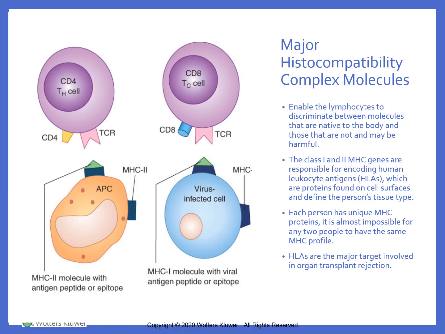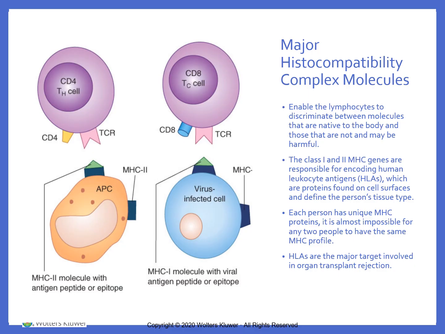And once it binds to it, it can go ahead and kill or destroy that cell. So this presentation of these antigen peptides on the cell by our MHC molecules is what signals this T lymphocyte to attach itself and destroy this infected cell.